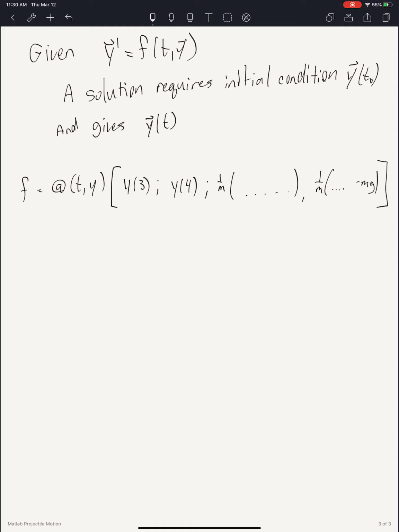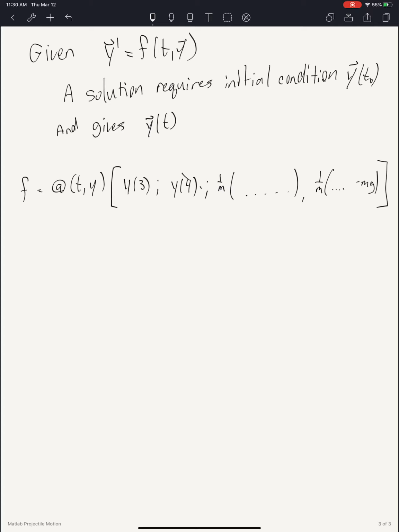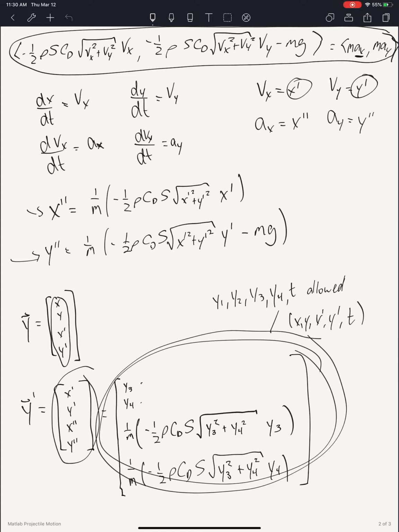This function is simply this function written into Matlab. You can see the first two elements are y3, y4. You can see that it's a column vector, so I'm using semicolons rather than commas. Whoops, except for this one, that's a comma. Let's make it a semicolon. All right, and I'm just literally copying this stuff into Matlab.